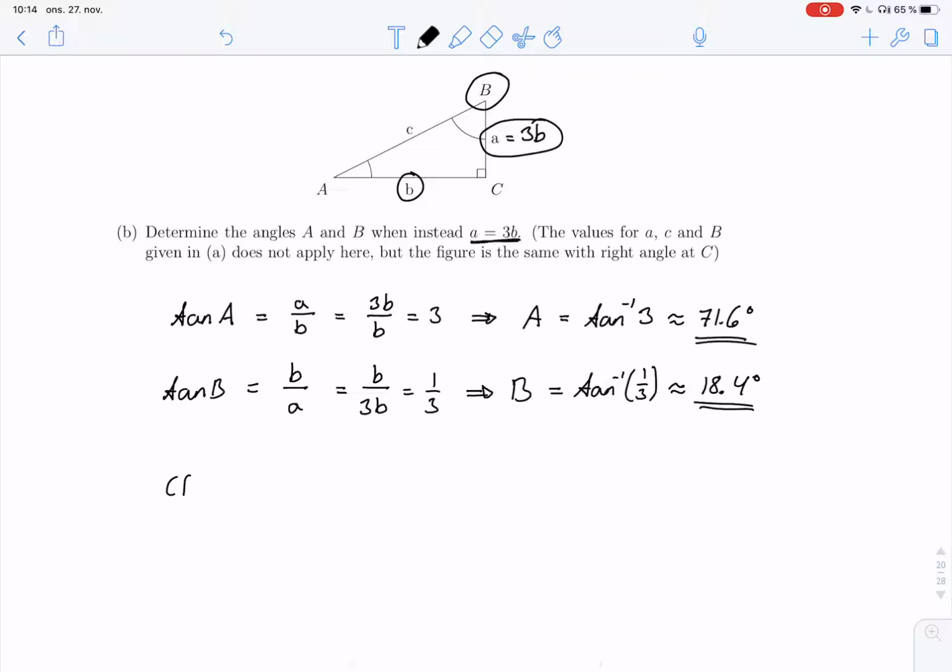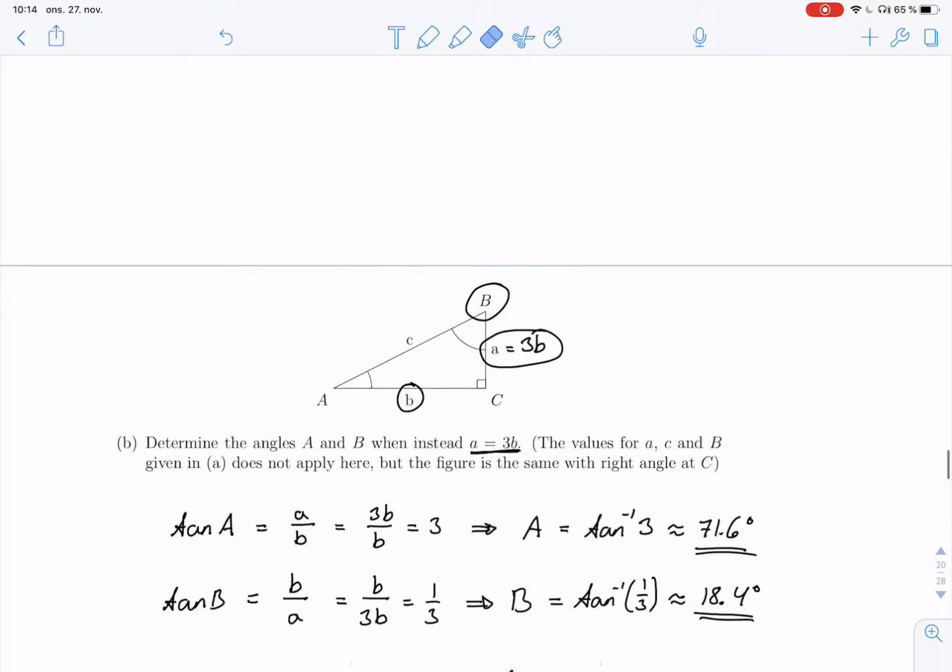Note also that you're able to check these, because 71.6 degrees plus 18.4 degrees would be 90 degrees, which is what we were supposed to get, because if this angle plus this angle plus this angle is 180, we're okay.